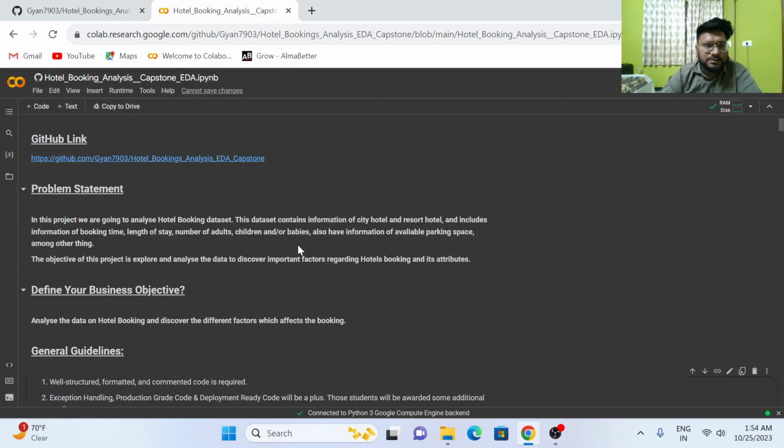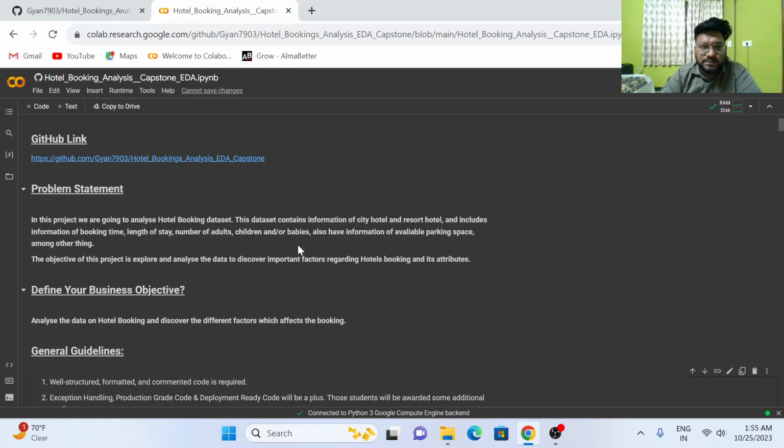In this project, we are going to analyze the hotel booking data set, and this data set contains information about the city hotels or the resort hotels, and also includes the information of booking time, length of stay, and the number of adults, children or babies, and also information about the parking spaces, among other things.